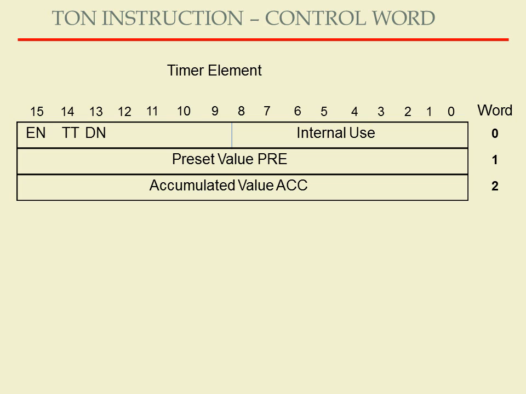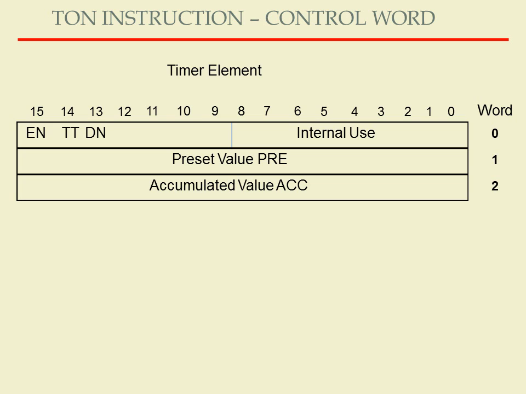So when timer starts, enable bit is set to 1, and when it is timed out, done bit, that is DN bit, is set to 1 and enable bit is set to 0. And when timer is running, TT bit is set to 1.